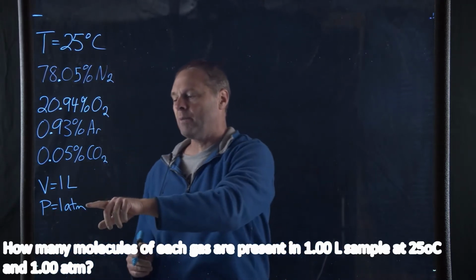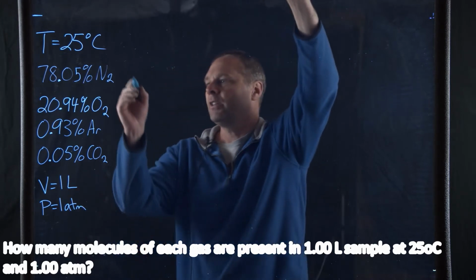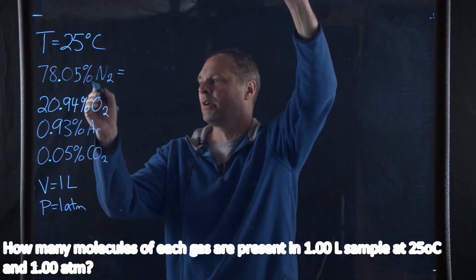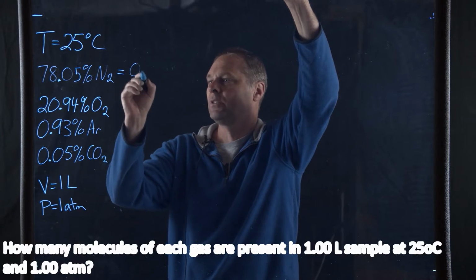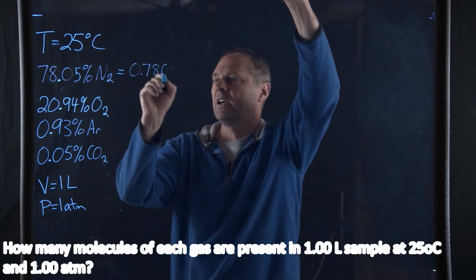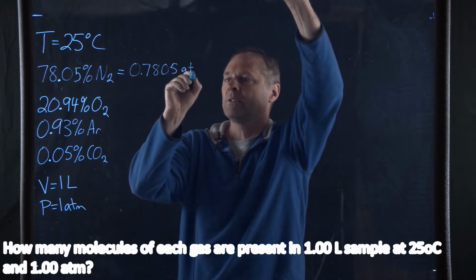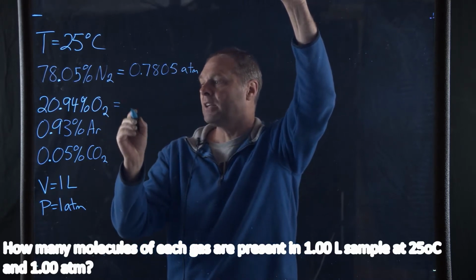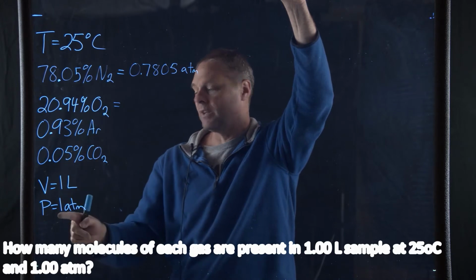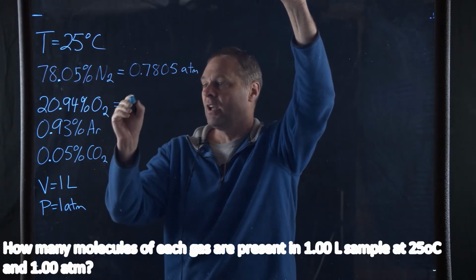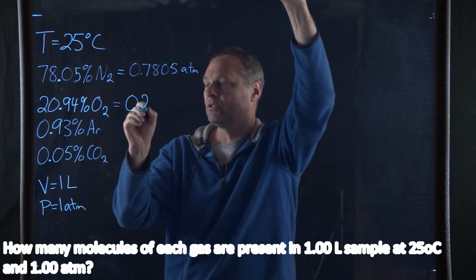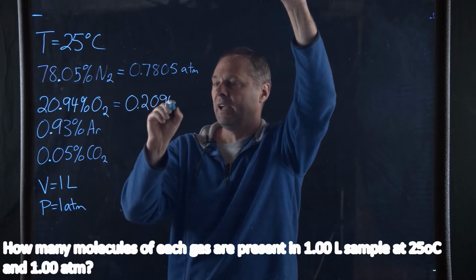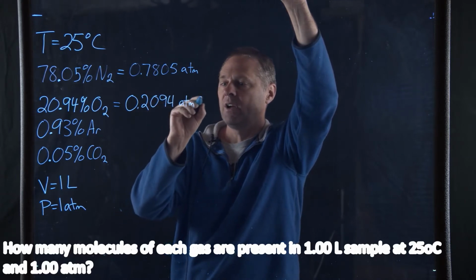Now, if it's 1 atmosphere, if that's the total pressure, then what this means is that the pressure of the nitrogen is going to be 0.7805 atmospheres. Likewise with the oxygen, if 20.94% of the 1 atmosphere is due to the oxygen, then the pressure is 0.2094 atmospheres of oxygen.